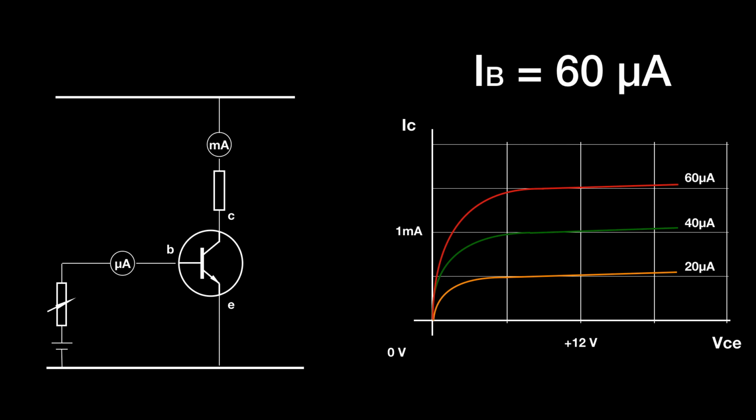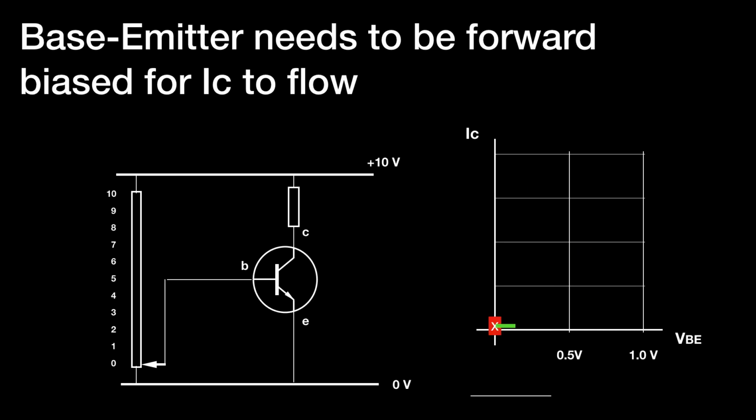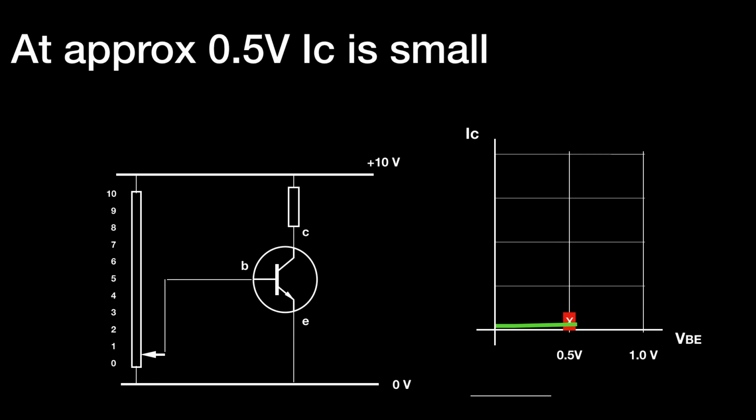Let's have a look here then at a biasing circuit. If we had a resistor between the positive rail and 0, and it was a variable resistor, and I've marked, if you like, voltage points between 0 and 10, we can see then that if we have a base emitter voltage of 0, we don't get any current flowing.